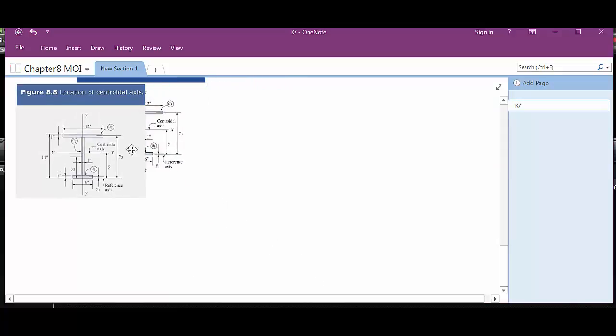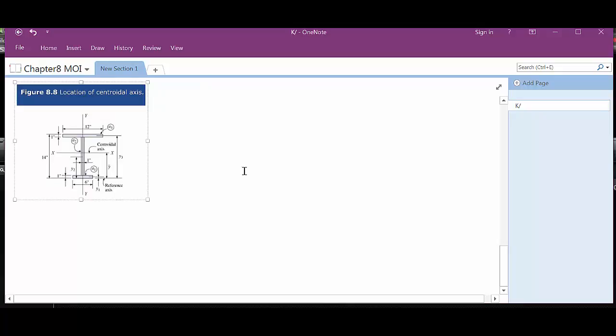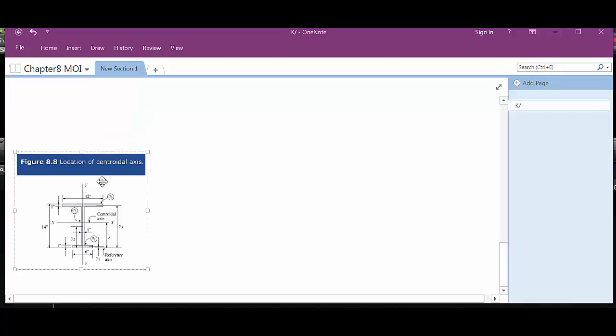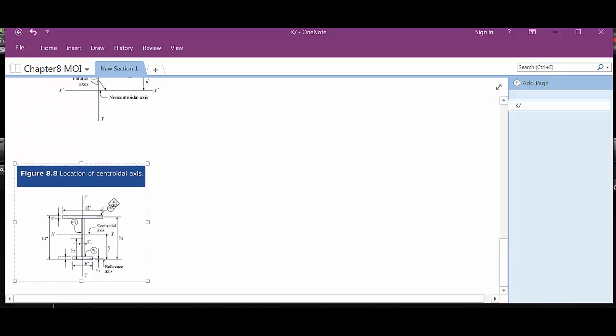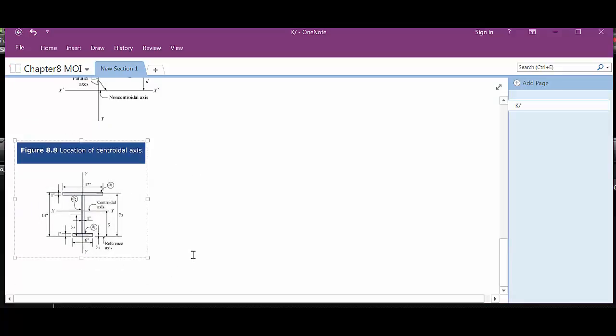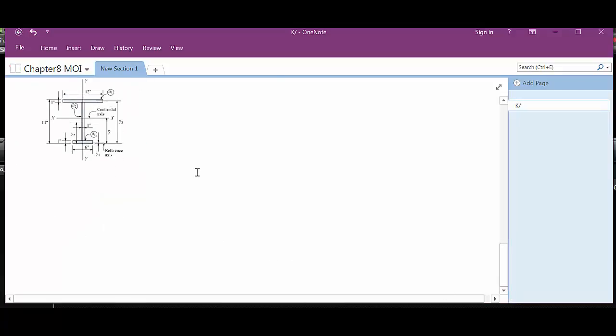This picture, figure 8.8, is actually on the top of page 162 if you're following in the book. Okay, so that shows the location of the centroidal axis, and then the reference axis, and the Y centroidal axis as well, right?